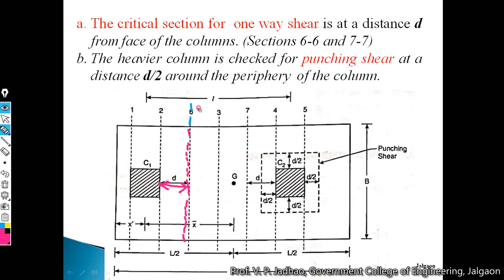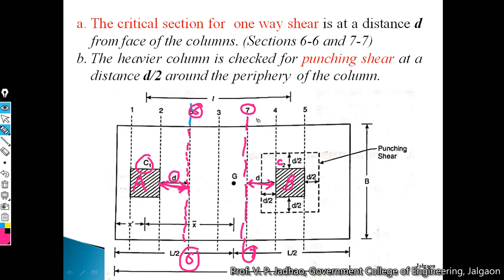This section 6 is your critical section for column C1, or if we consider this as A, then for column A the critical section is at a distance small d from the face of the column. Now for column C2, or column B, the critical section should also be at a distance small d from the face of the column. Therefore this section 7 will be your critical section for one-way shear.